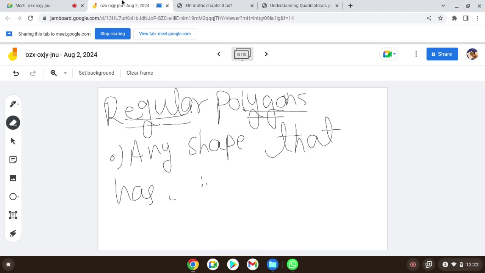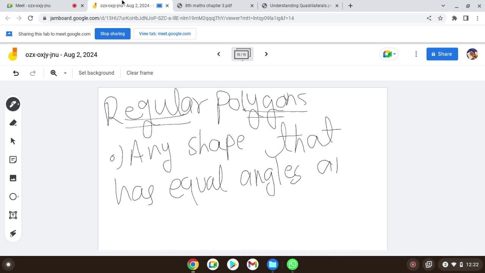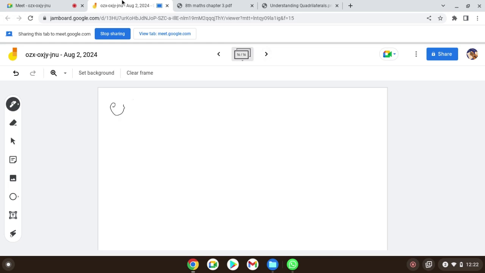Any shape that has equal angles and the same sides. For example, a square.